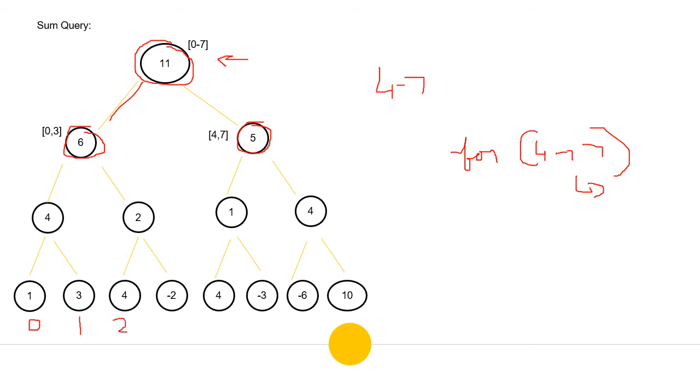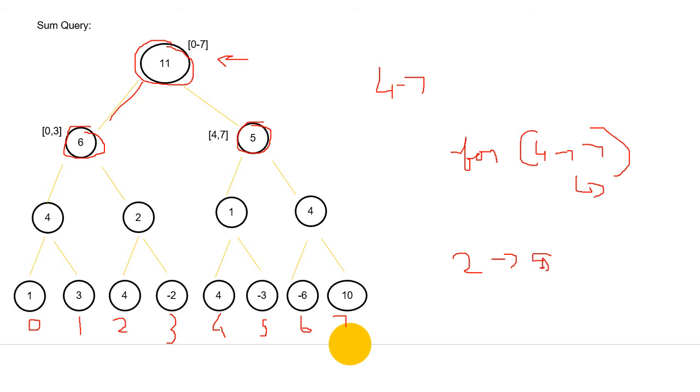Let's take another example. For this, let's just write the index so that this can be understood easily. So now we have to find the sum of elements from the second index till the fifth index.